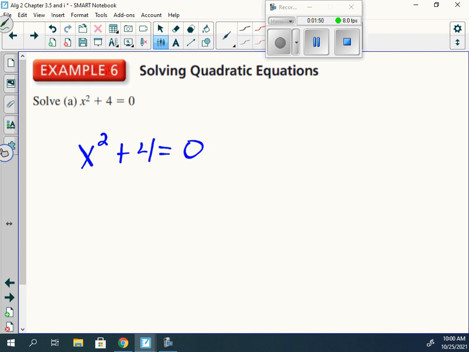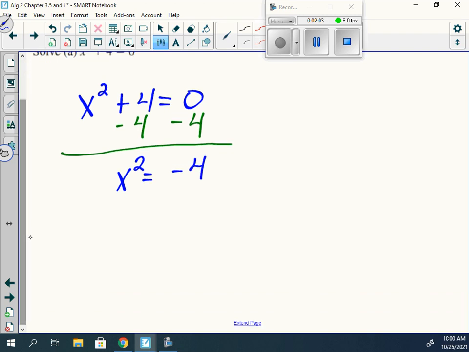So our first step is we can subtract 4 from both sides, which tells us that x squared is equal to negative 4. Now what can we do next? Square root both sides.